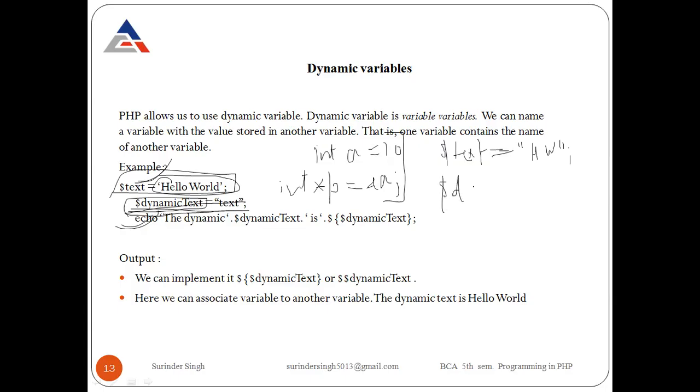Like here you have a dynamic text variable and its value is text. Actually, it is a reference, clear, to this variable. Now, how can you access the hello world value, or we can say the text variable, through this dynamic variable?